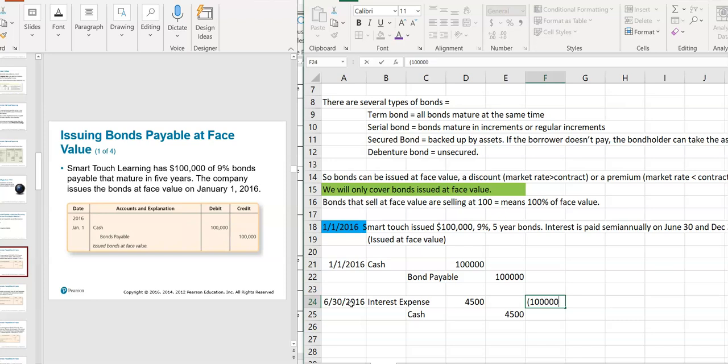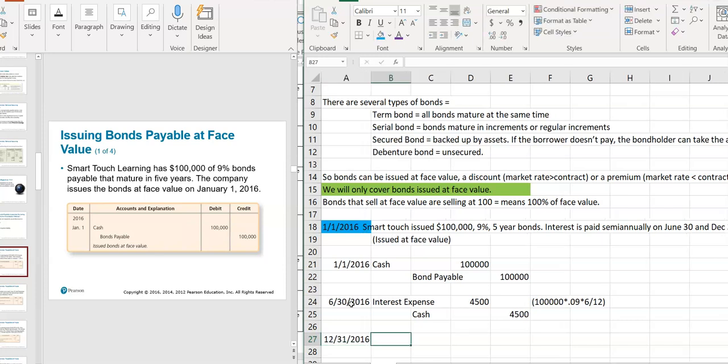So the face amount times the stated interest rate times 6 over 12 months. And they'll pay interest again at December 31st, and it will be the exact same entry. Since the bonds were issued at face value, it's just going to be the exact same thing.